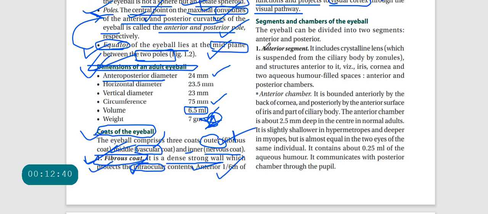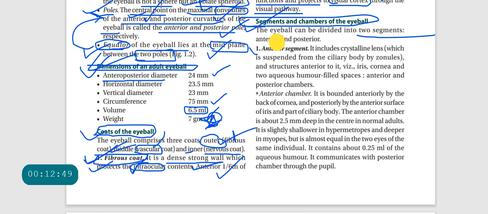Now coming up to the segments and the chambers of the eyeball, there are two segments of the eyeball, and these are the anterior segment and the posterior segment. Very easy. Now the anterior segment has the crystalline lens, which is suspended from the ciliary body. Other structures anterior to the lens are the iris and cornea, as we studied, and there are two aqueous humor filled spaces.